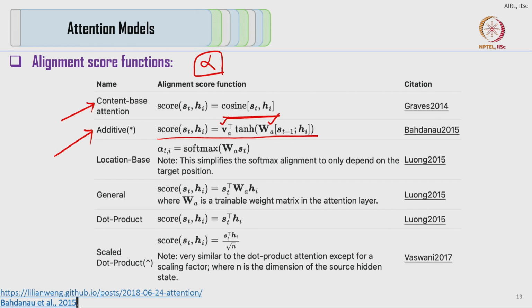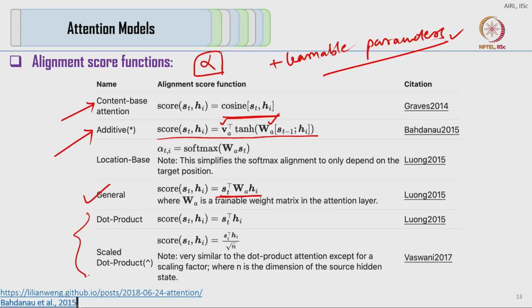So, we could compare using certain learnable parameters as well, and throughout the duration of training, these learnable parameters would keep on updating, right. It could also be based on a very general form, which is S transpose W H, where W is a trainable weight. Now, these last two, the dot product and the scaled dot product, are of our importance because this is something which is used throughout, right.